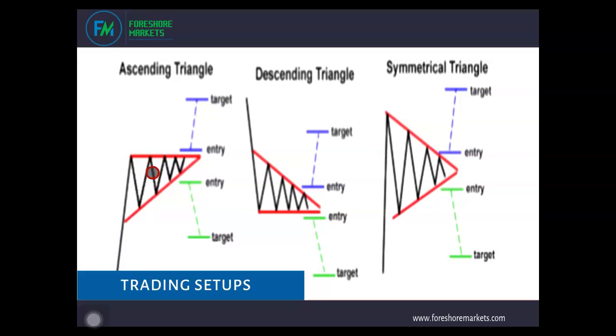Before the triangle formed, we are already in an uptrend, so initially you are expecting a continuation, as triangles basically are continuation patterns. If it breaks to the upside, then it continues. You could have your entry above the resistance here, your stop loss below the previous support, and then your take profit anywhere above there, maybe 2 times your stop loss.